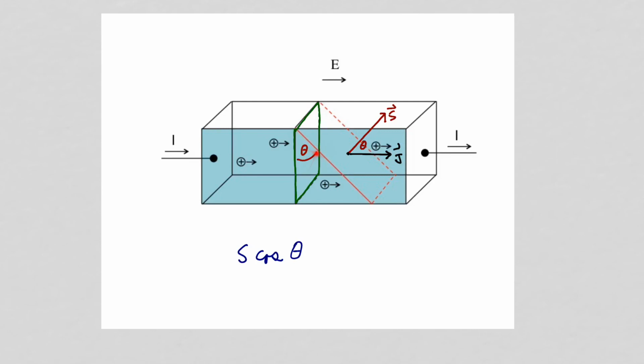So the area of this plane, S cosine of theta, times the current density, will be the current flowing through this plane of observation.